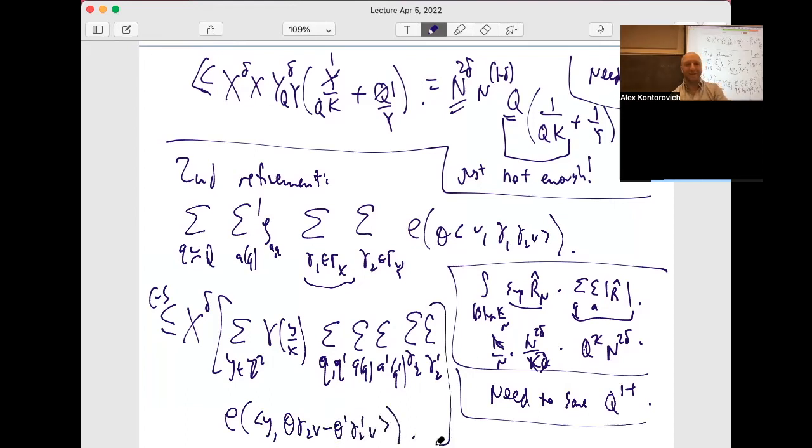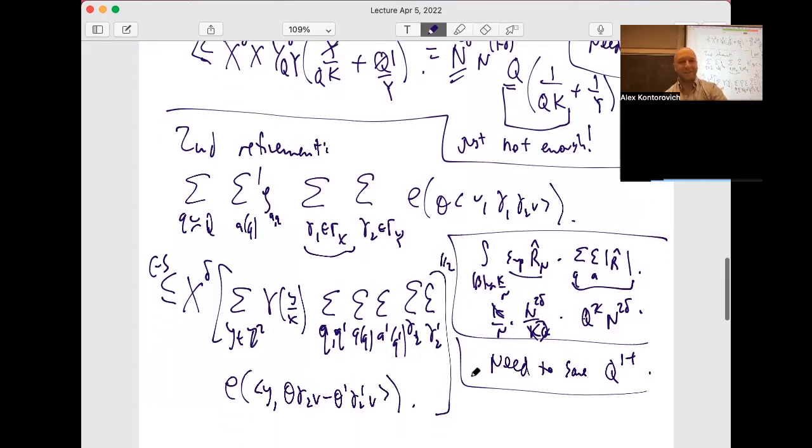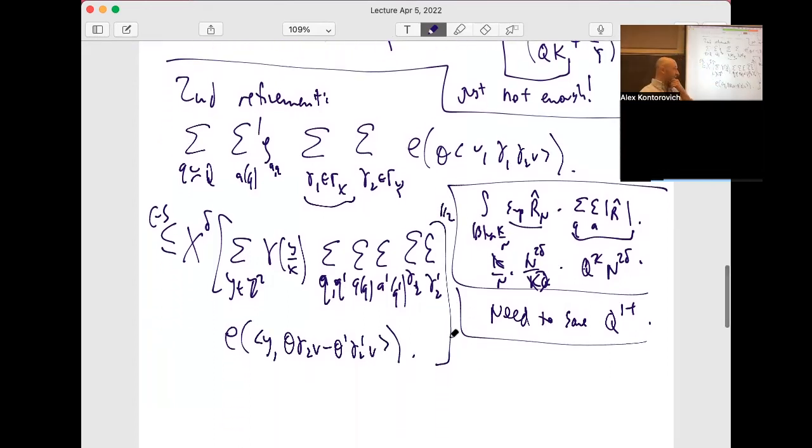It starts to become a syllable soup to the 1/2. Okay, but it's exactly the same as what we did before.